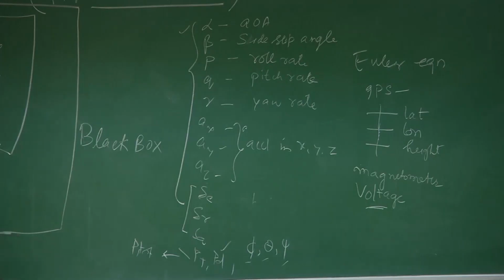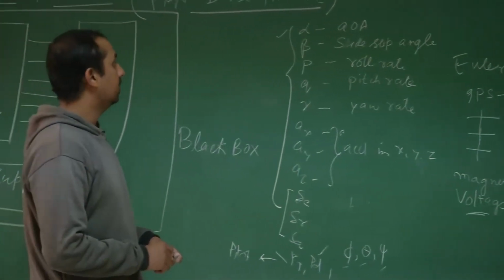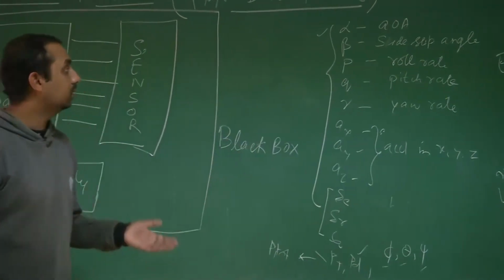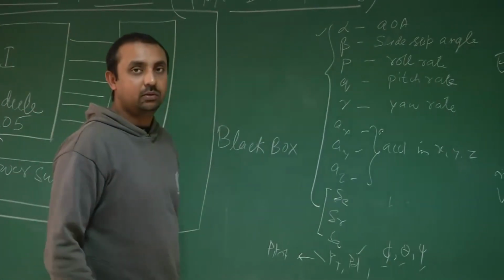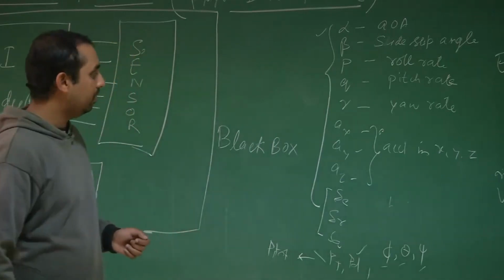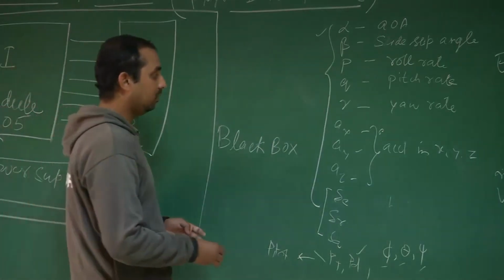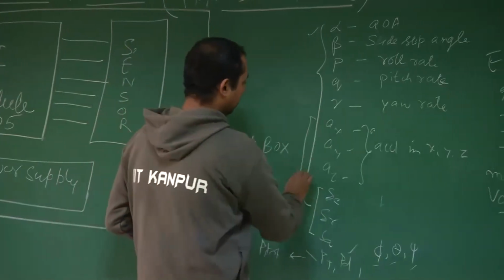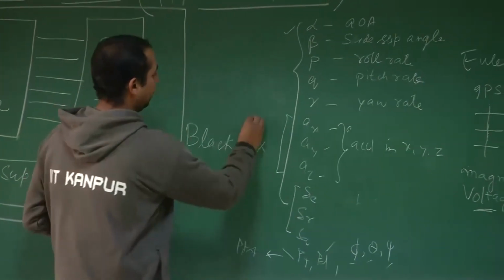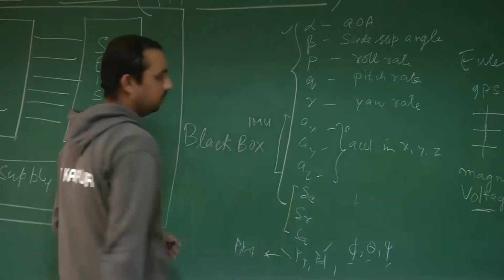We'll be seeing in our experiments how to derive the flight data, how to derive various parameters using your flight data, and we'll be also showing small programs, how to get readings from various sensors. For instance, these values can be derived from IMU. We'll be showing a small code.